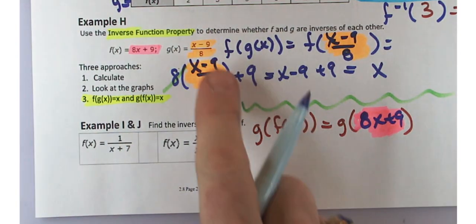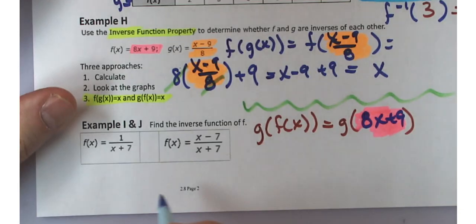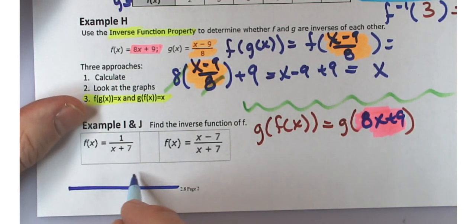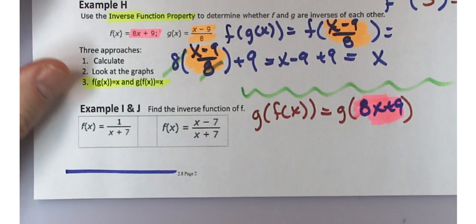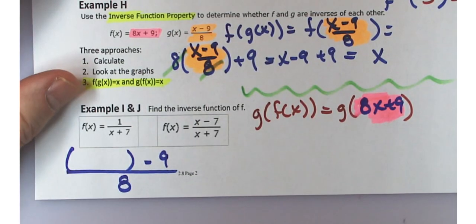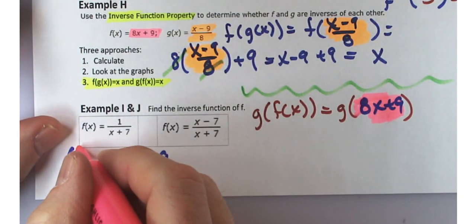So we're going to put that into the rule for g of x. Try it yourself. Try putting it into the rule for g of x. What's that going to look like? See if you can't simplify it.